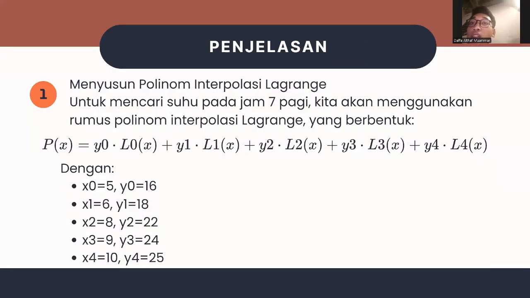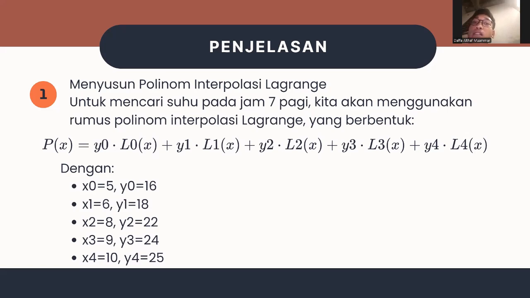Next. Okay, before we solve for the 7 o'clock temperature, we have to use the Lagrange polynomial interpolation formula, like on the screen.